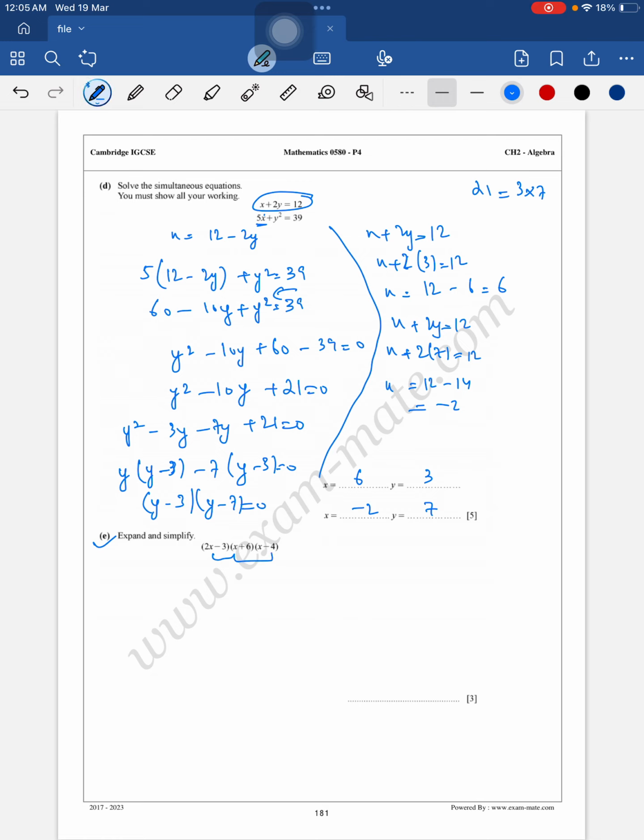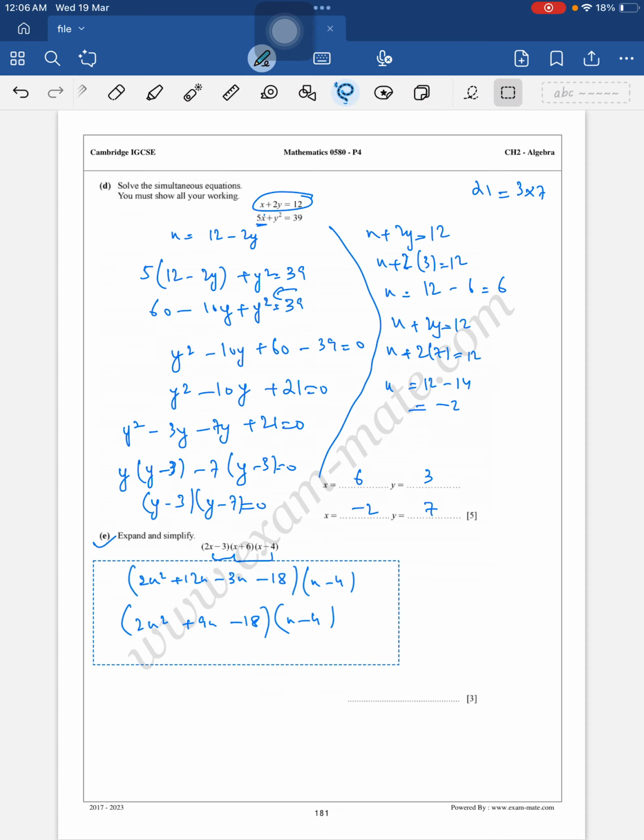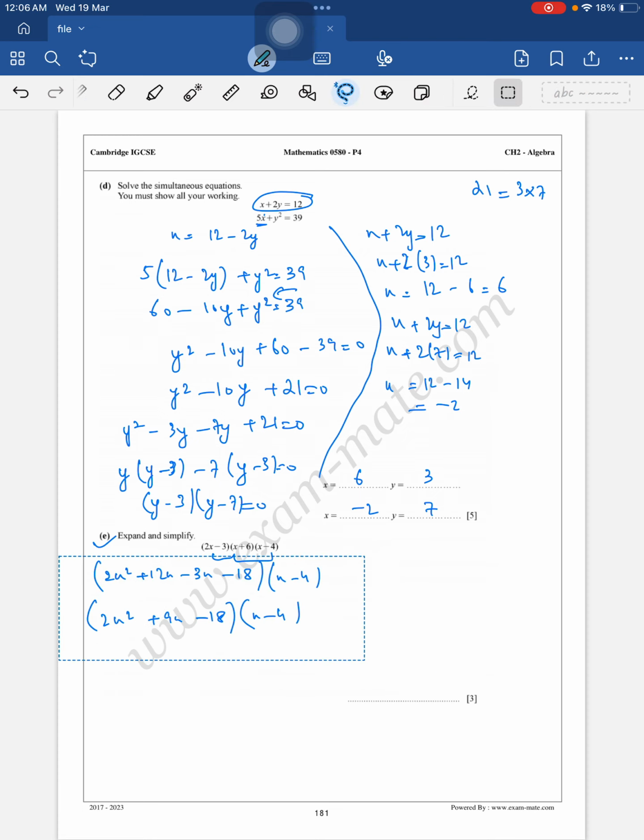Part E. We have three terms, expand and simplify. First multiply the first two brackets, 2x into x is 2x square plus 12x minus 3x minus 18, into x minus 4. That will be 2x square, 12 minus 3 is 9x, minus 18, into x minus 4. Now multiply these two brackets. Let us shrink the steps so that we can have the whole answer over here.